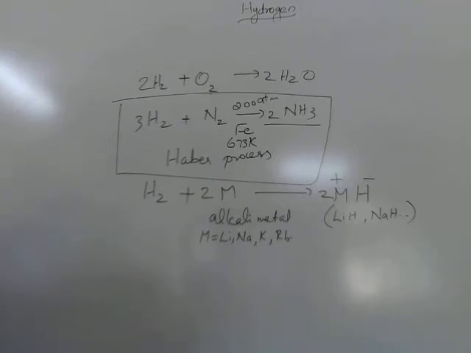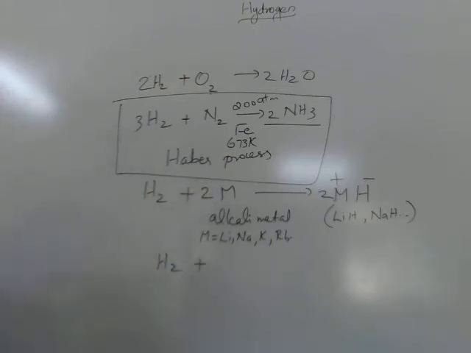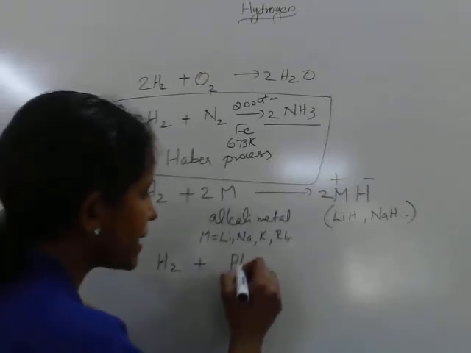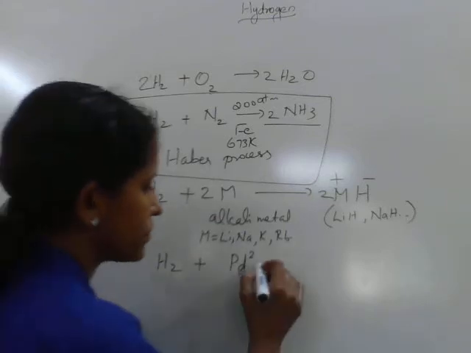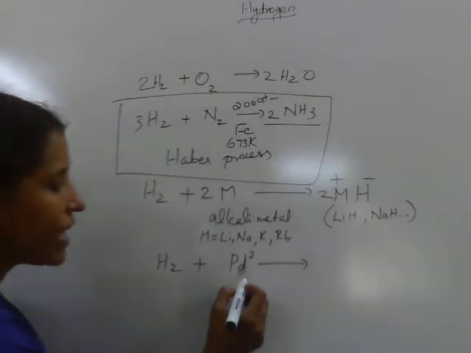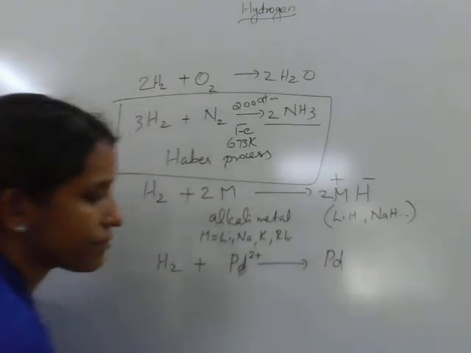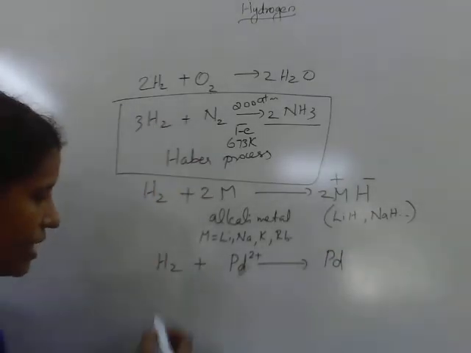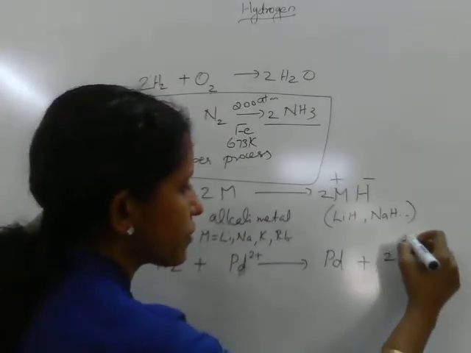Now the reaction of dihydrogen with metal ions. Dihydrogen reacts with less reactive metal ions in aqueous solution, for example, the palladium 2 plus ion, Pd2+. This palladium 2 plus ion is reduced to palladium metal, and hydrogen itself undergoes oxidation to the H plus ion.